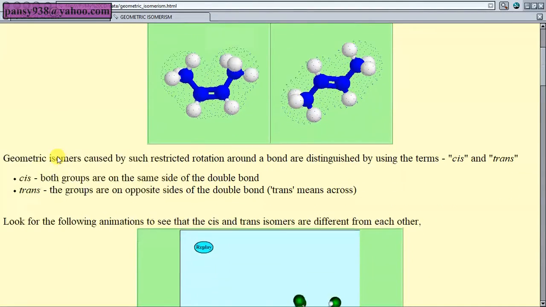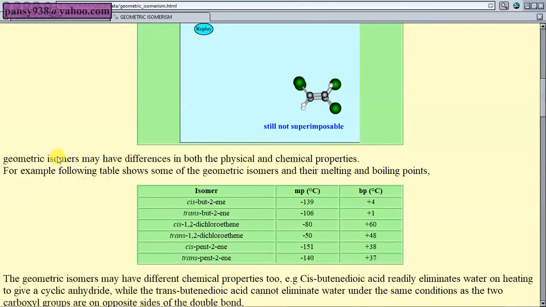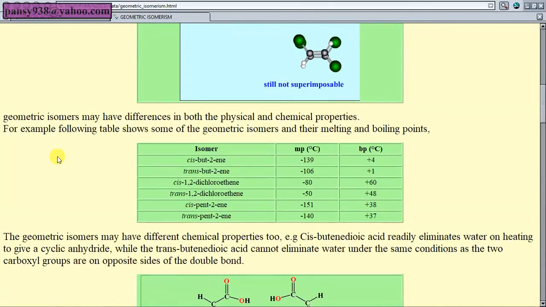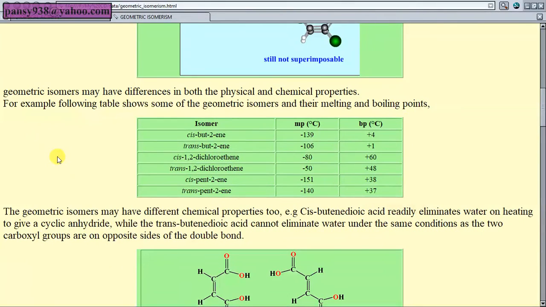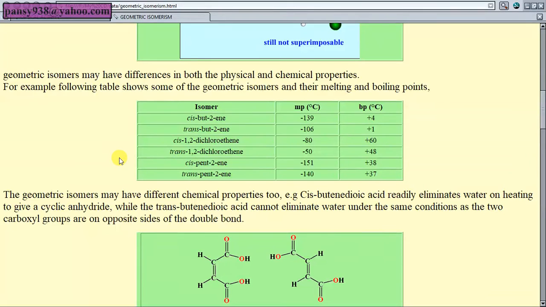We also discuss this in some of the different properties, physical as well as chemical, to show that they are different from each other. For example, this table shows that the melting point and boiling point of different isomers of the cis and trans series are different.